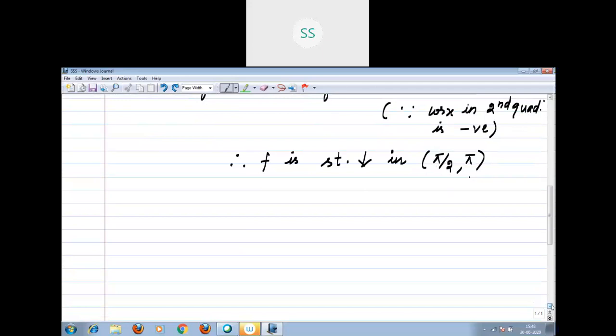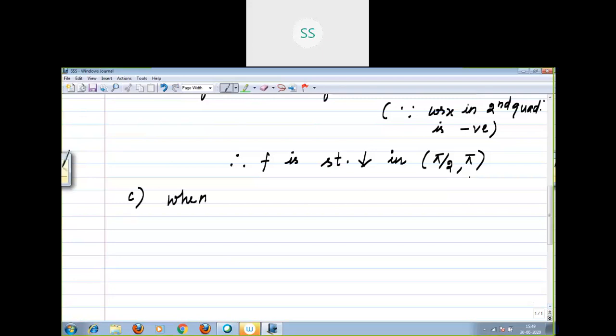From 0 to pi, the function will act as different types. Up to one interval, it is strictly increasing. The next interval, it is strictly decreasing. How am I going to write it?